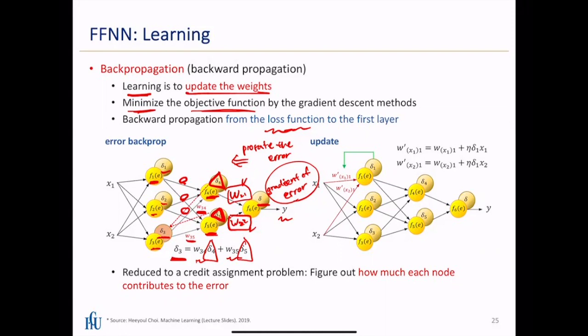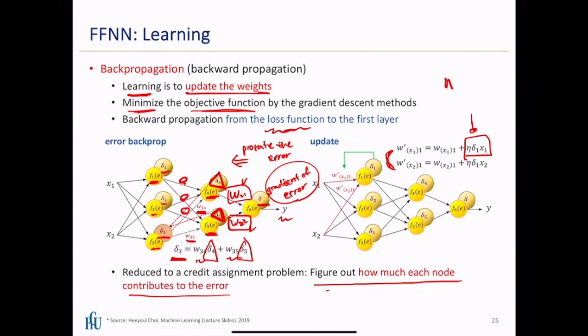So this is illustrating the basic idea, and the idea can be summarized in this way. You want to figure out how much each node contributes to the error. If you take this process, where you can calculate all of those deltas, delta 1, 2, 3, 4, 5, then based on those computed deltas, we can write the update rule again. The one in the rectangle is what we have seen so far.